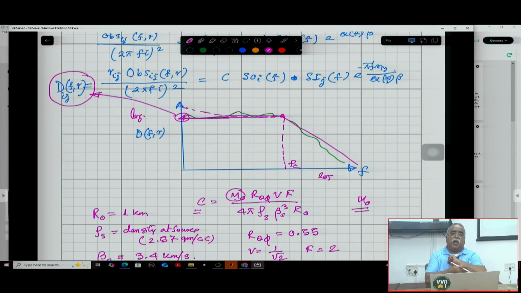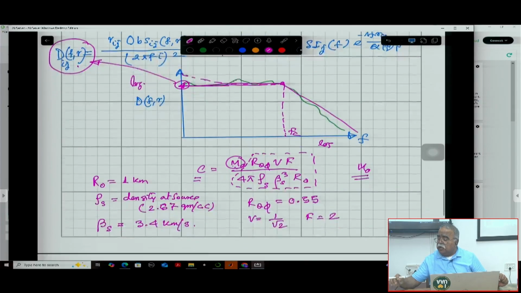From the maximum amplitude, calculate the M0 value from here, because all these numbers you know, and you also know this df, where it touches here. So if you know that, you can calculate M0.